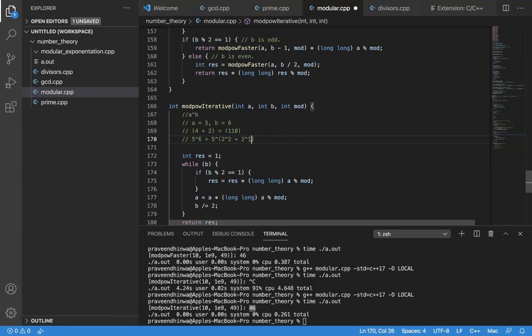So you can write 6 as 2 power 2 plus 2 power 1. And you can write it as 5 power 2 power 2 times 5 power 2 power 1, because the sum of exponents can be written in this way.